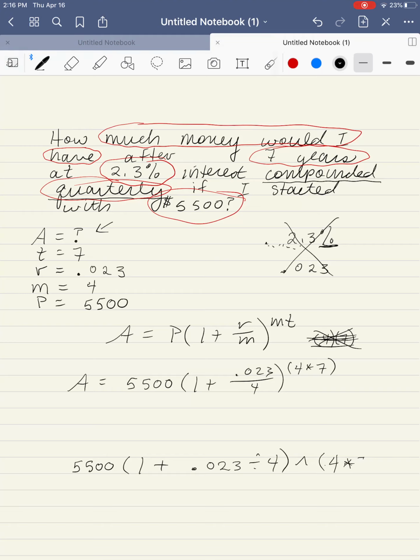It knows to do that division first, caret for my exponent, and then 4 times 7 in parentheses, so it knows to multiply the 4 times 7 before it takes the exponent. So I want you to practice entering all of this into your calculator all at once, rather than doing little bits of it and then plugging it back in, because you're way more likely to get rounding error there.